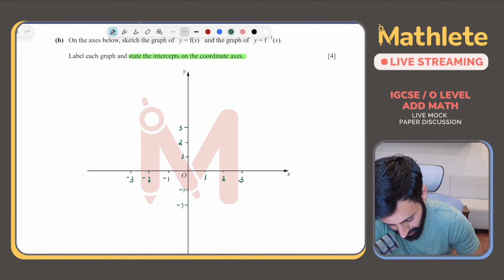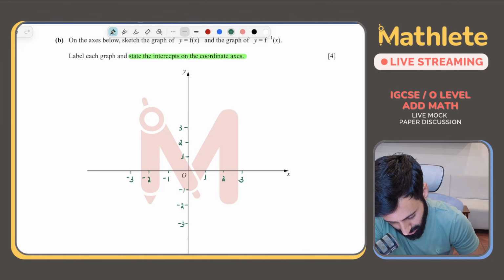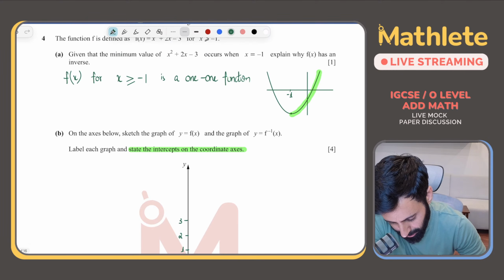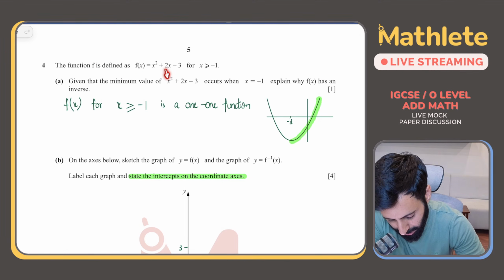They will not look like a reflection of one another. Now, f of x has its minimum point when x equals minus 1, and let's work that out also. So minus 1 squared is 1. 1 plus minus 2, that's minus 1.